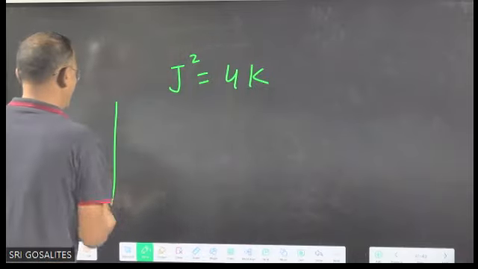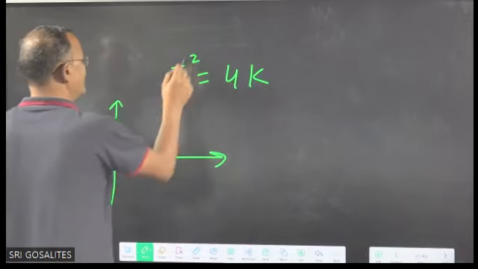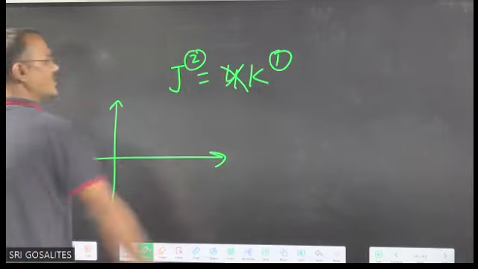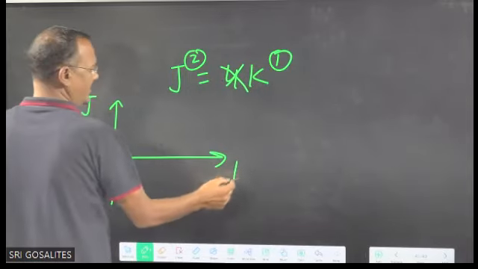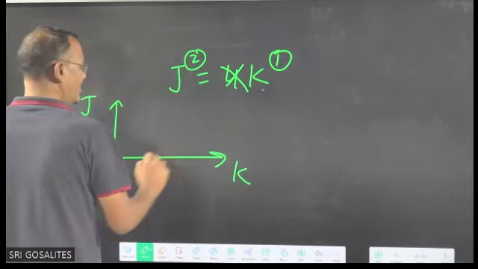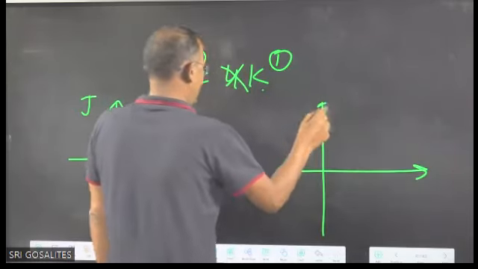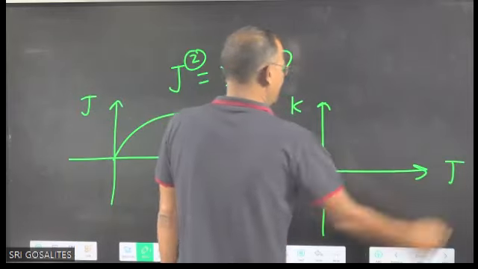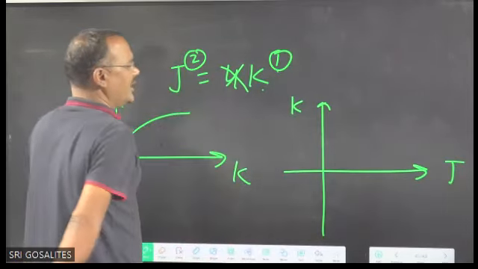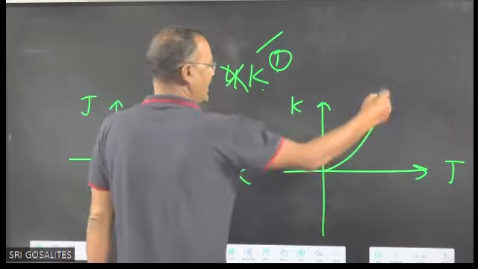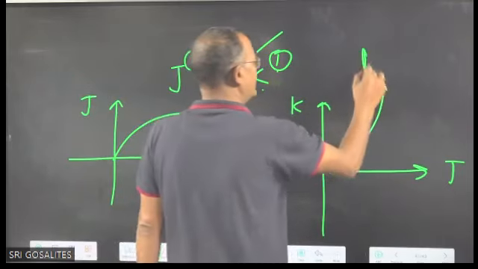What is the graph? Now two variables, j and k. The 4 is always the constant. If it is j and k, symmetric to k. Finish. If it is something like here is the k, here is the j, then what? Symmetric to k, which has the power 1. Finish.